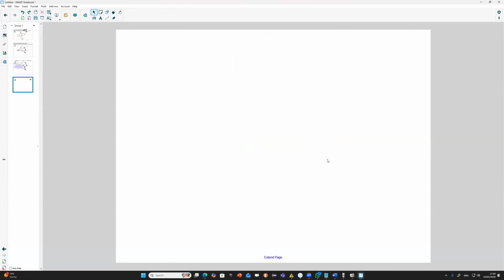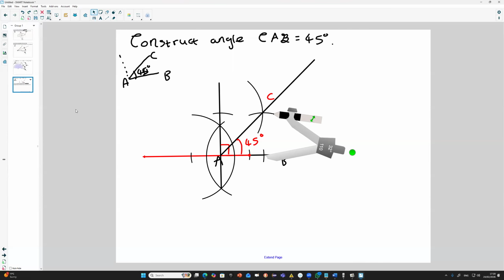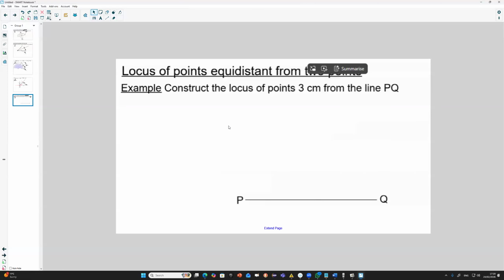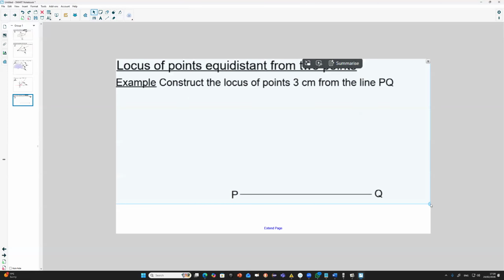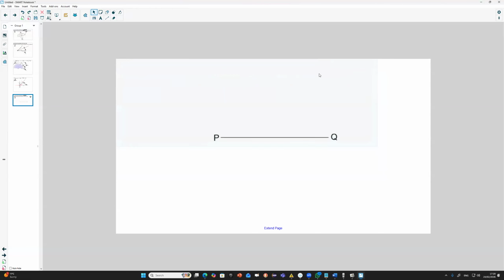Delete all that. I'm going to leave that in, actually. I can save it then. Right, so I want the locus of points from the line PQ. Not equidistant, I want it 3 centimeters from that line.